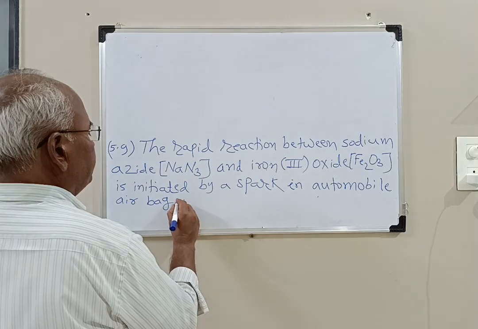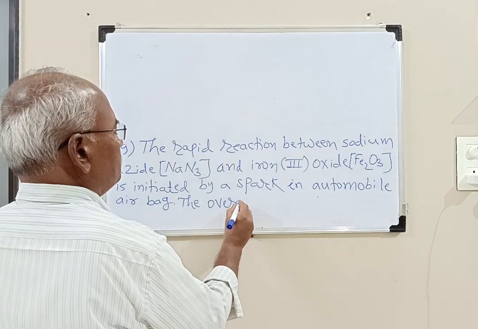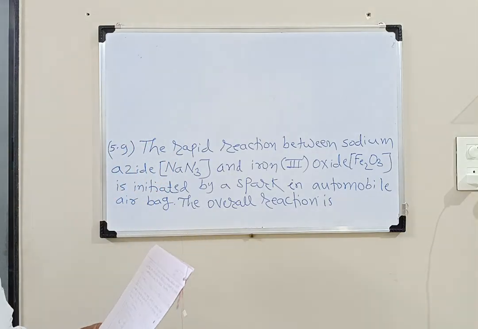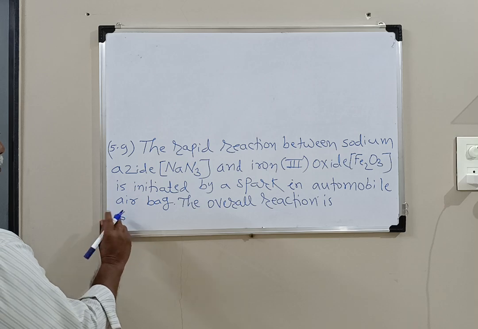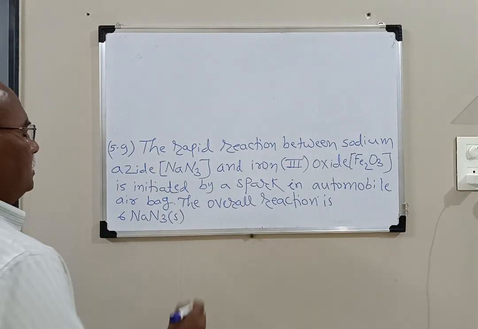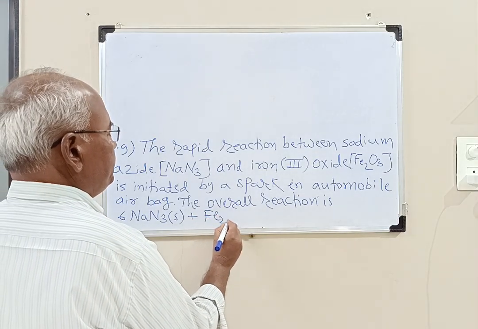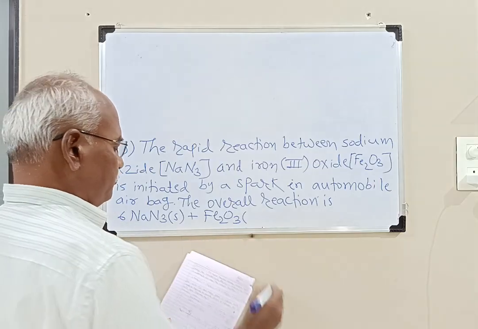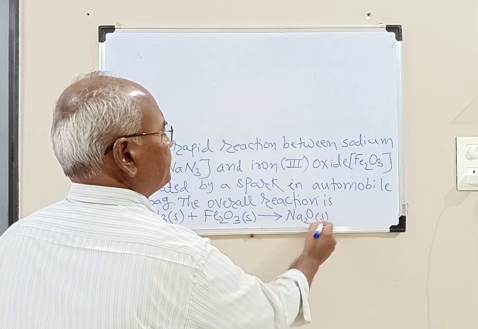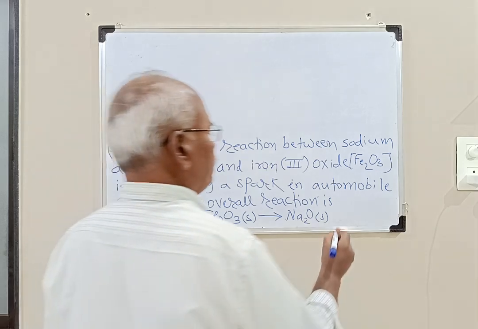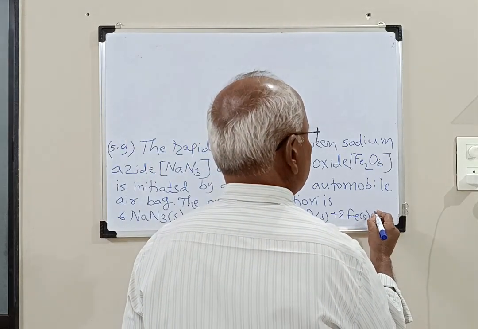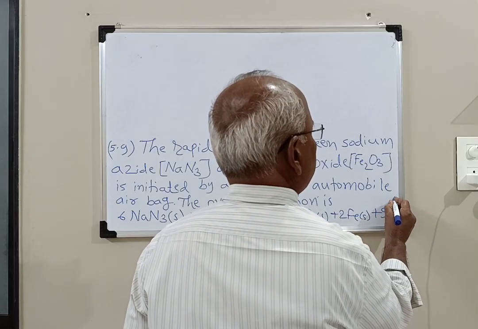The overall reaction is like this: 6 moles of sodium azide, which is in solid state, plus ferric oxide Fe2O3, this is also solid, gives sodium oxide, which is in solid state, plus twice Fe, iron, which is in solid state, plus 9N2, which is in gaseous state.